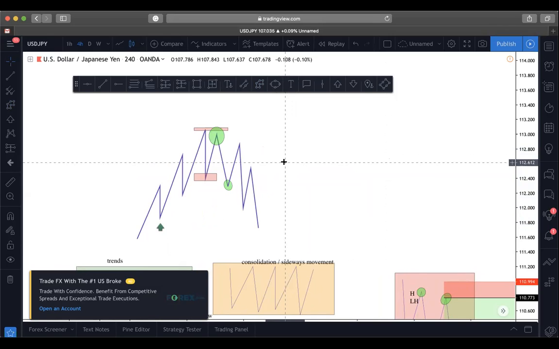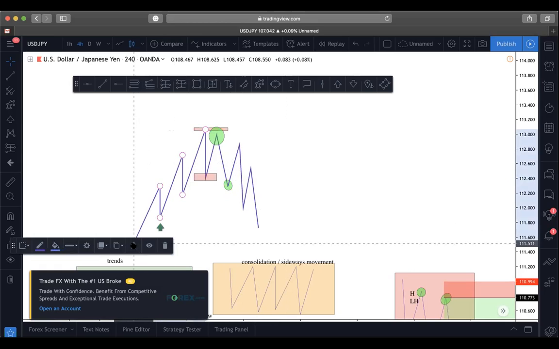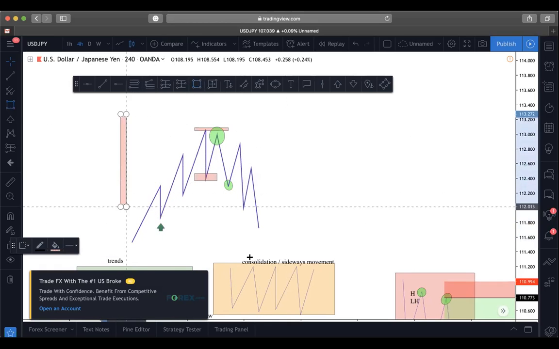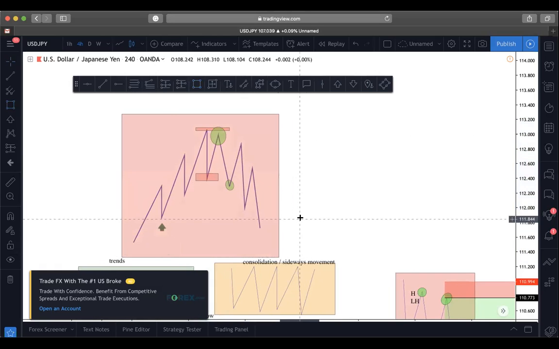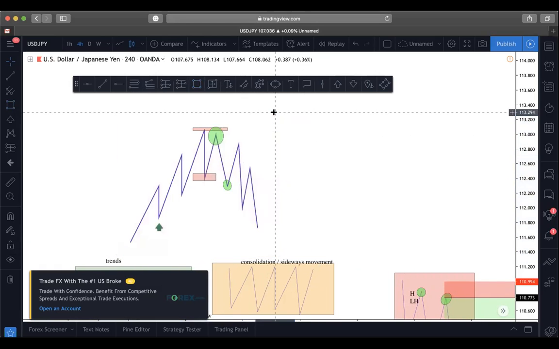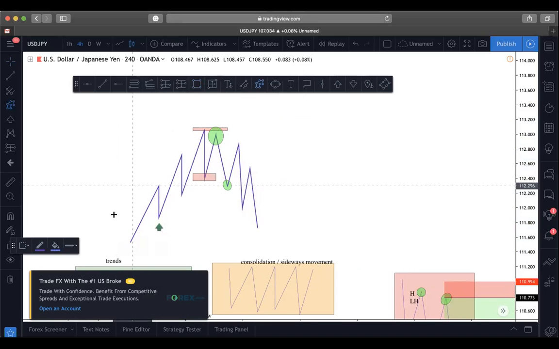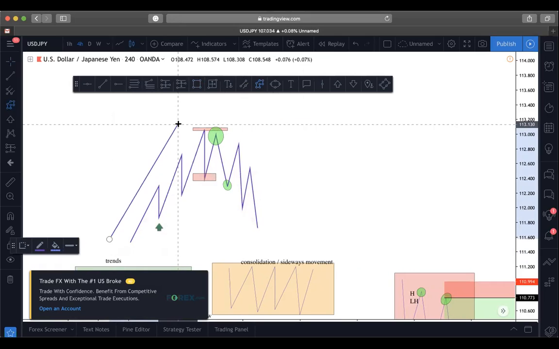Now trends have to change because of the way the market works, right? A possible reason why a trend could change is this: let's assume this happened on a lower time frame. On the higher time frame, this would just be one move up, right?